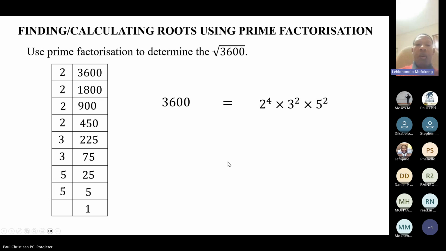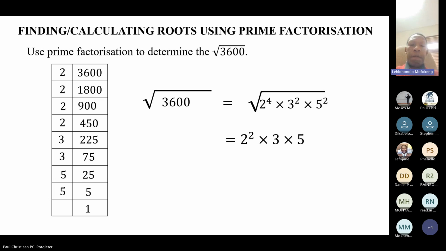But remember, we are looking for the square root, not 3,600. So we have to put square root under it. So as we put square root on 3,600, we have to put square root also on the right hand side. Right.